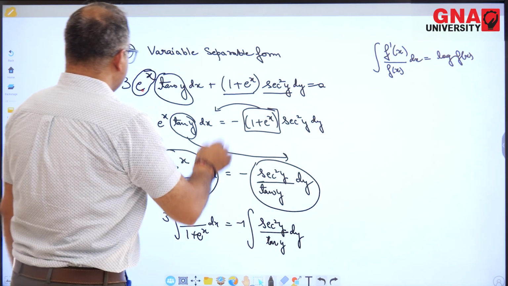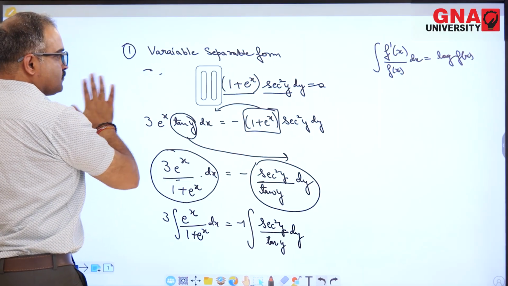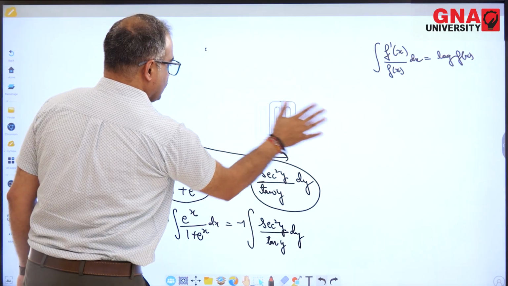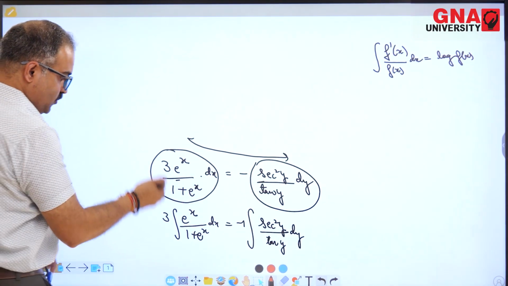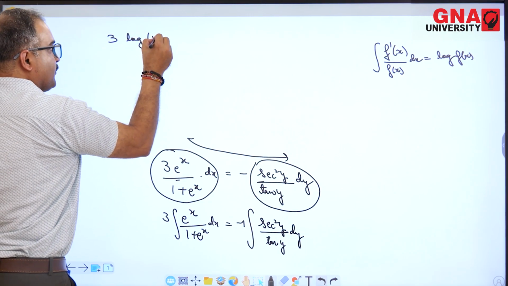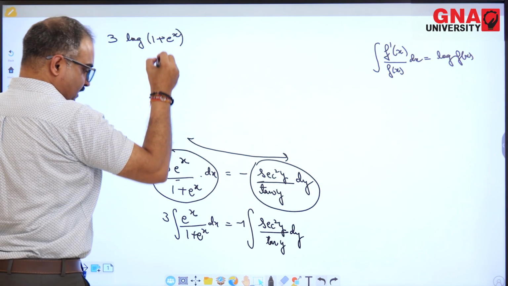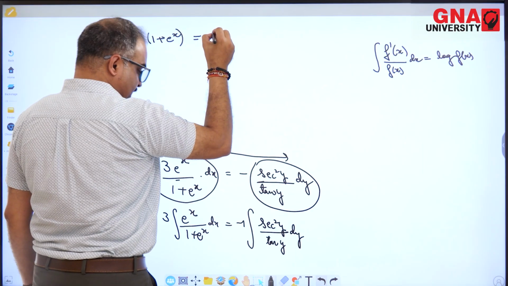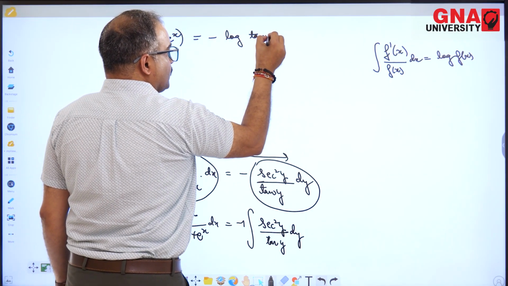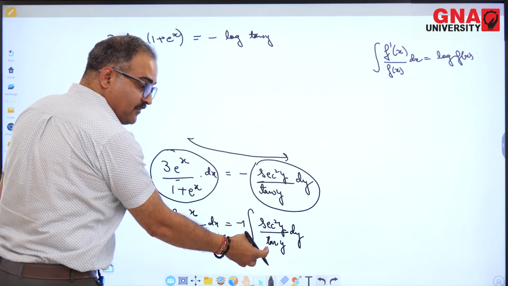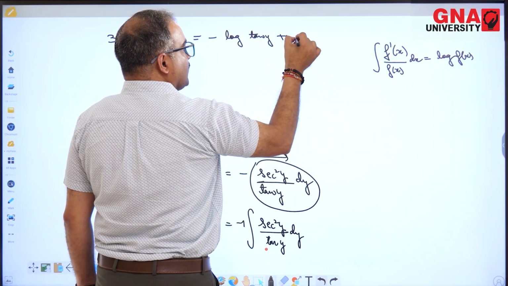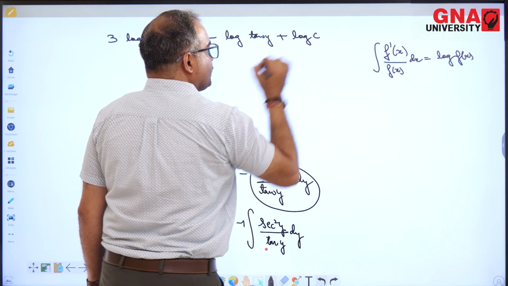Okay, so this equation reduces to 3 times log of 1 plus e raised to power of x is equal to minus log of tan of y, because derivative of tan y is secant square y. So using the same formula, it will be plus a constant, let it be log of c.